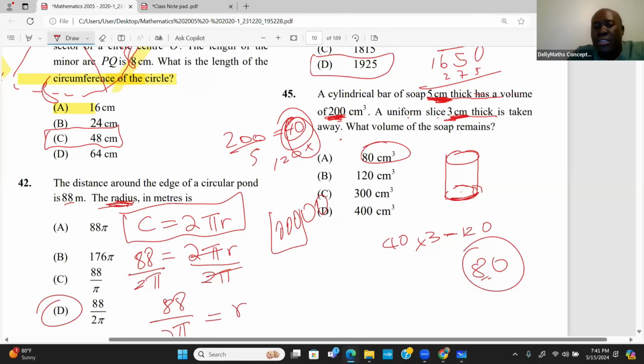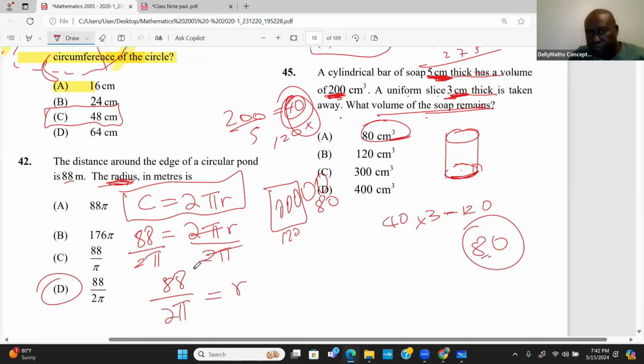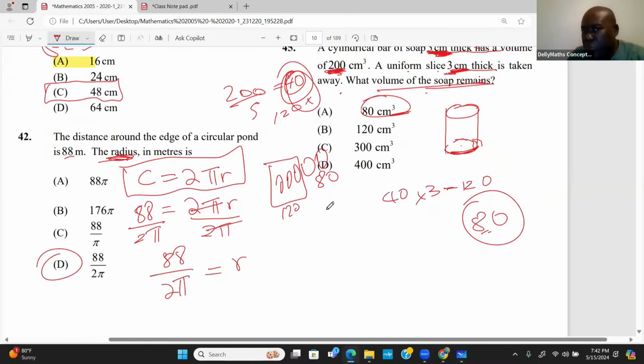So you take this out of it: 120 out, leaving 80. It's 40 a piece, and you pick that and you're done. They could have asked what was taken out or what remained, but what remained would have been that. So you just reason out your problems.